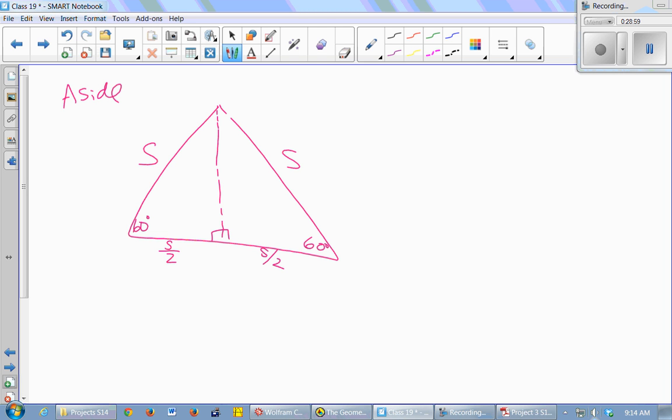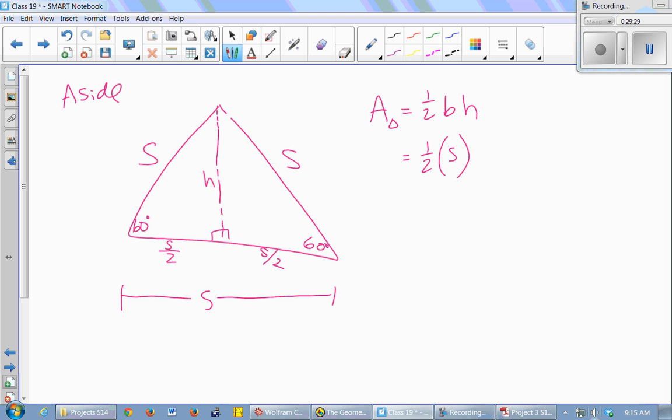Okay, so the area of this triangle will be 1/2 base times height. My base is going to be s, right? And then I need to know this guy h. We could use trig, or if you remember high school geometry, the 30, 60, 90 special relationships, you'll get the same thing either way.